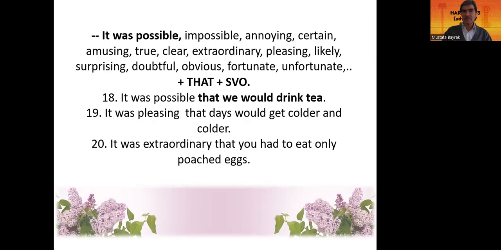It was possible or impossible, annoying, certain, amusing, true, clear, extraordinary, etc. That adjective, that subject, verb, object. It was possible that we would drink tea. It was pleasing that days would get colder and colder, warmer and warmer, I think is better. It was extraordinary that you had to eat only poached eggs.